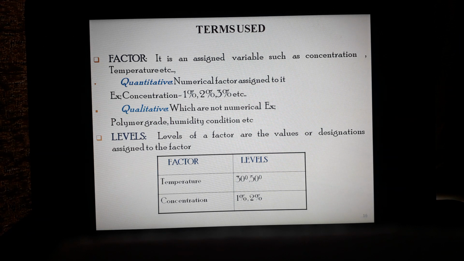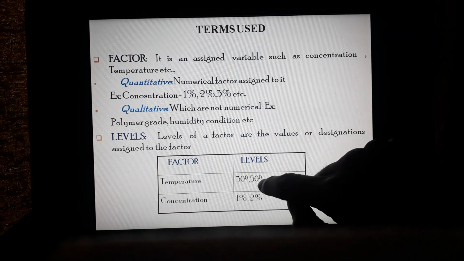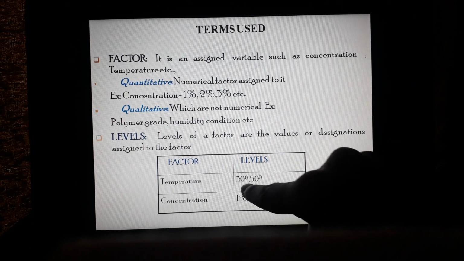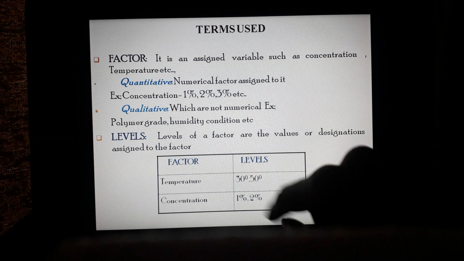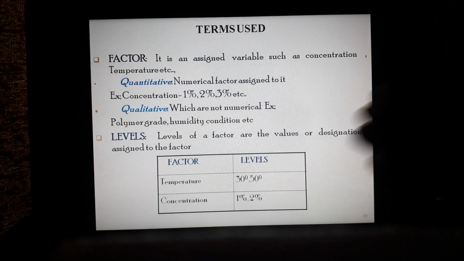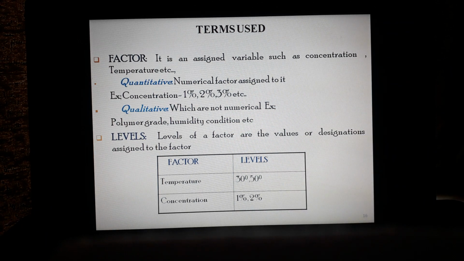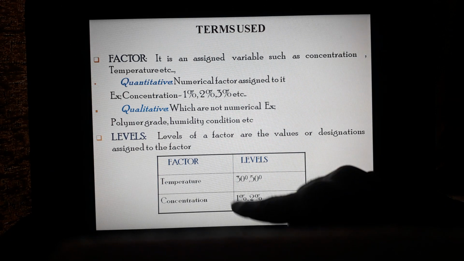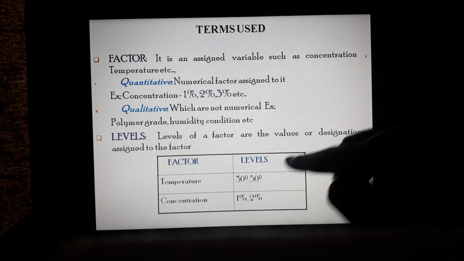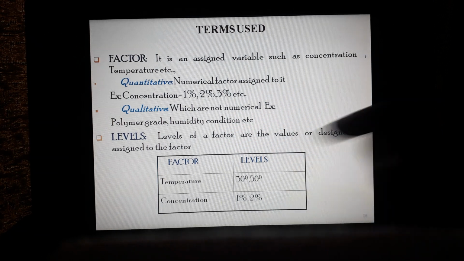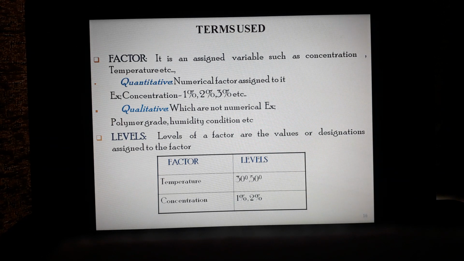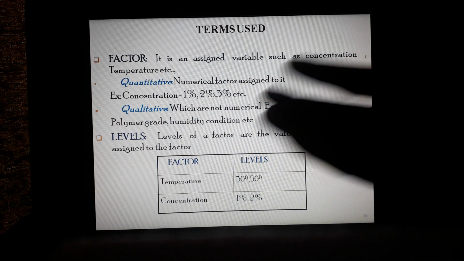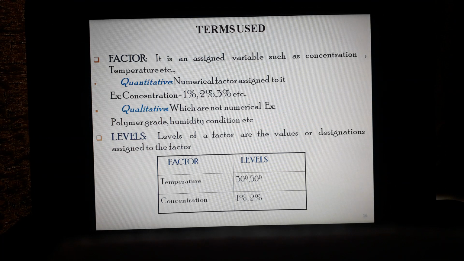So low is nothing but a lower concentration of temperature, and high is a higher concentration of temperature, the two levels we have decided here. In terms of concentration, we can talk about the levels, say 1% low, that is minus 1, and 2% high, that is +1. So 1% and 2% are nothing but the two levels possibly applied with respect to the definitions or explanation of your temperature and concentration together.